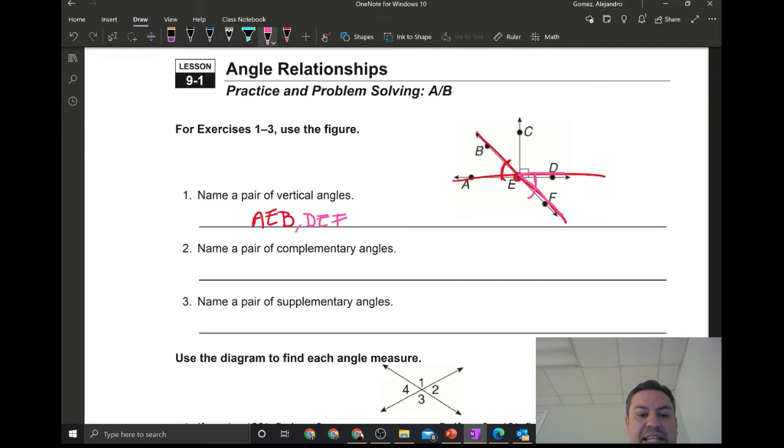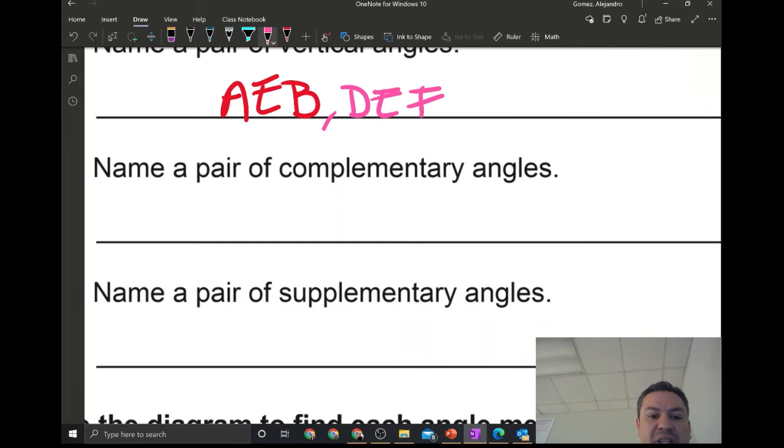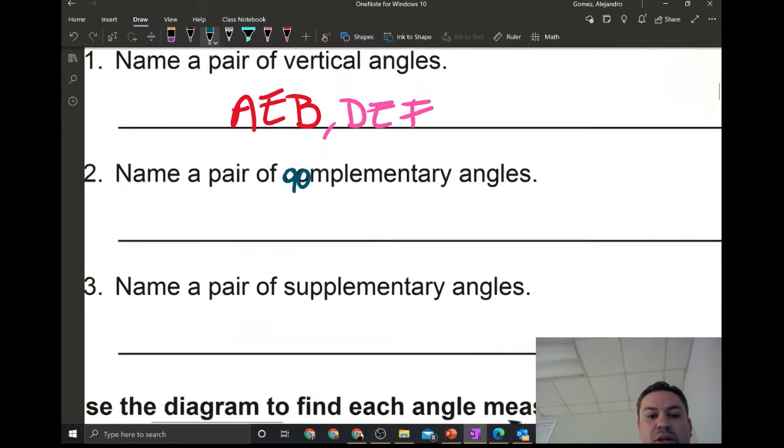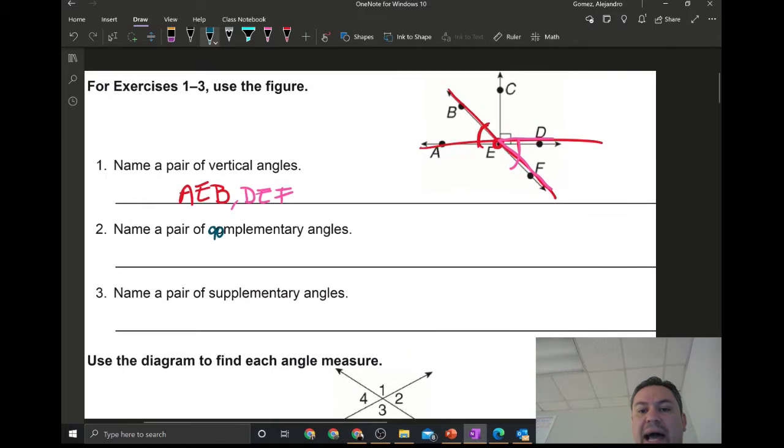Next, it says name a pair of complementary angles. The way to remember this is 90 degrees. You can just make a line right there on the C, and now this looks like 90. Two angles that add up to 90.